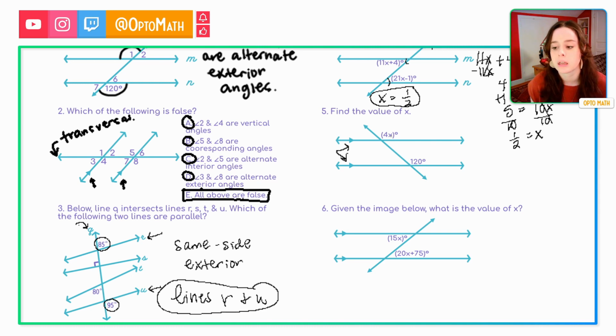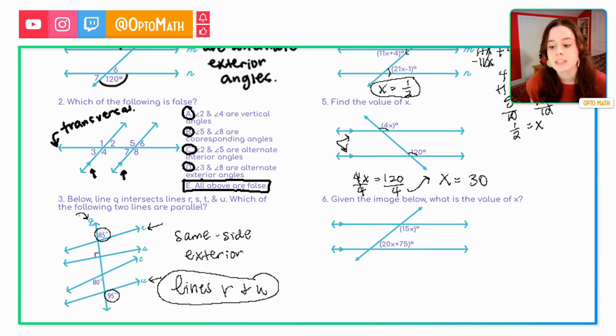These are corresponding angles. We can also tell they're both obtuse, so we would figure they're congruent. So if they're congruent, we can set those two expressions equal to each other. 4x equals 120. This one's a pretty easy equation. You just need to divide both sides by 4, and so x equals 30. And that's it for that one.